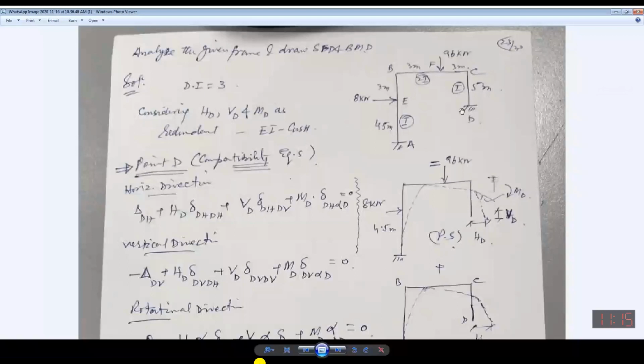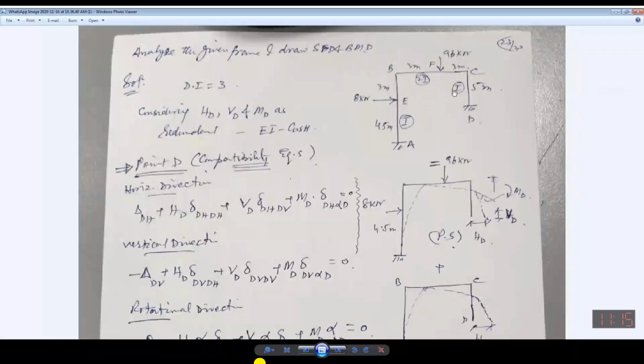Similarly, moment, so angular rotation will be required. So considering HD, VD, and MD as redundant, EI has been considered to be constant. It means if it is I, it is 2I, it is I, it will be 1, it will be 2, and it will be 1. Are you getting it?